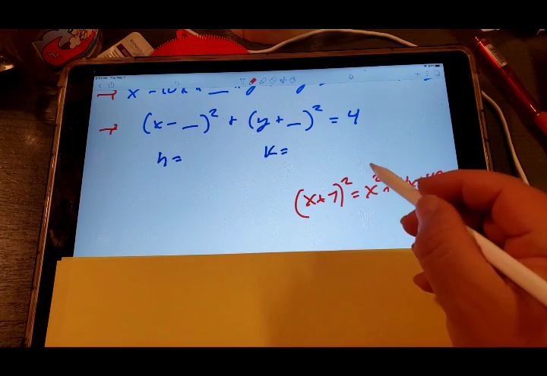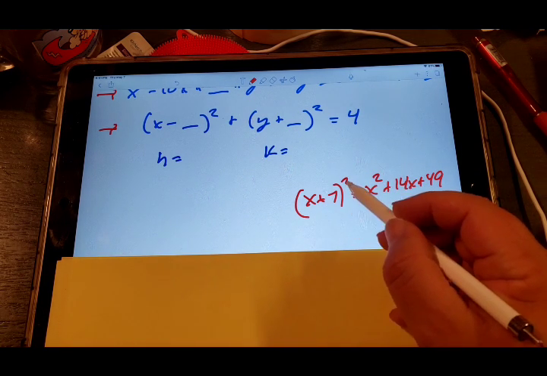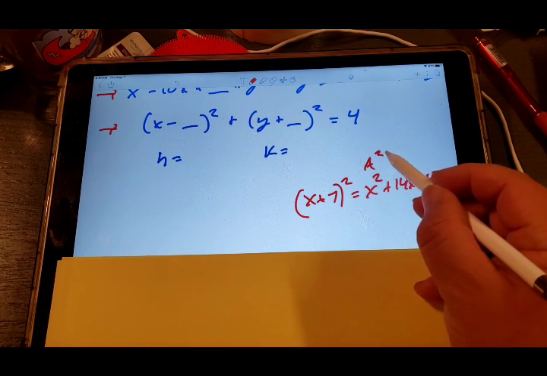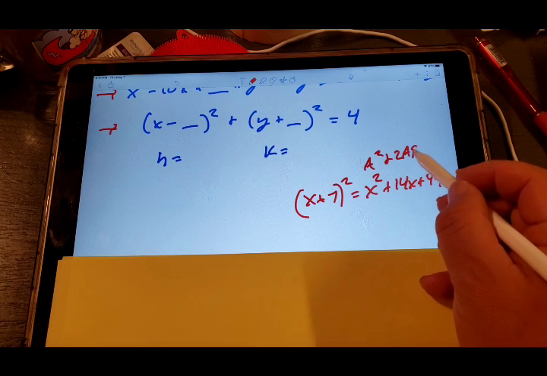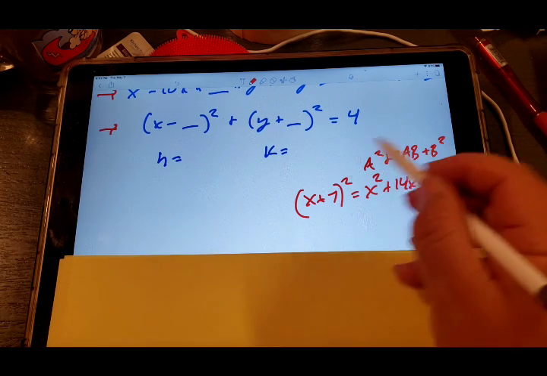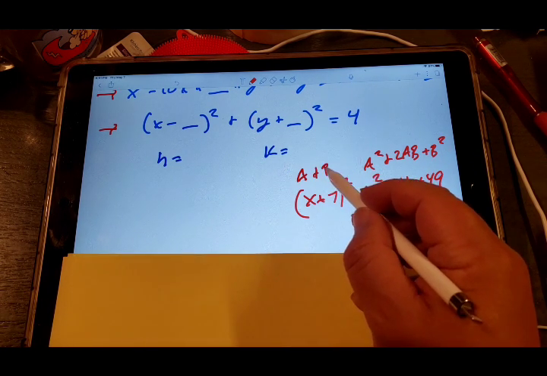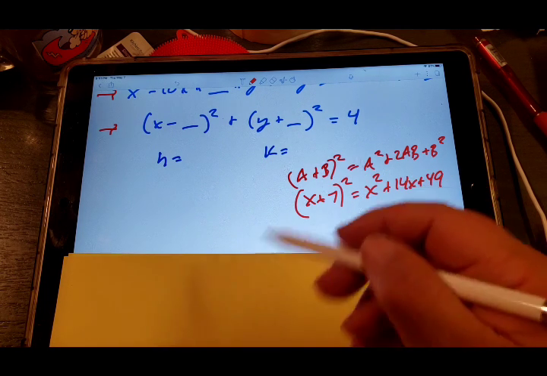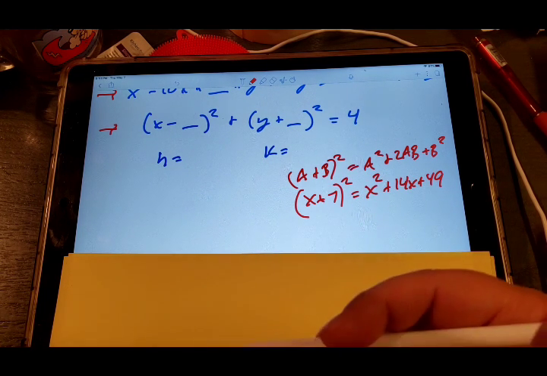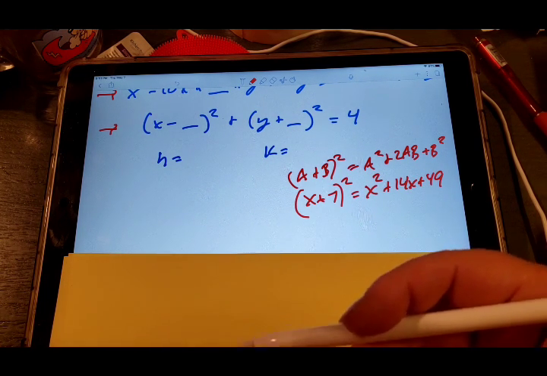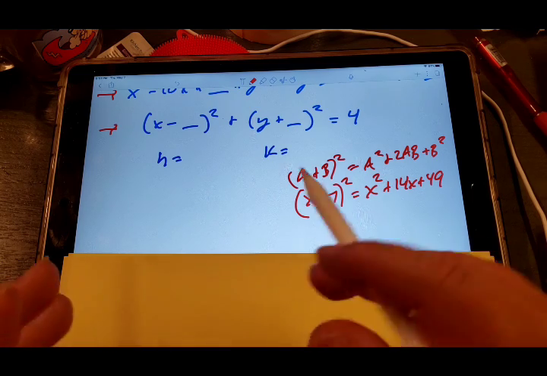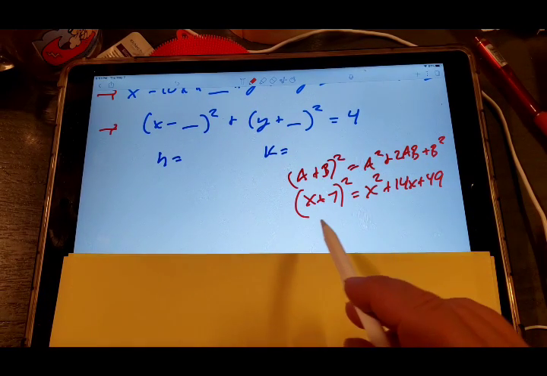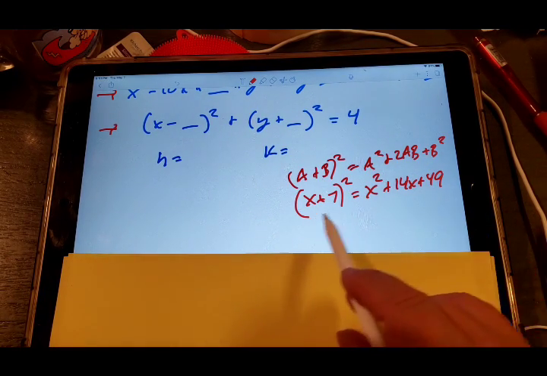If you have (a plus b) squared, it's a squared plus 2ab plus b squared. This is part of the binomial theorem and Pascal's triangle. It's just one of the earlier ones, and you've seen it in many different forms.